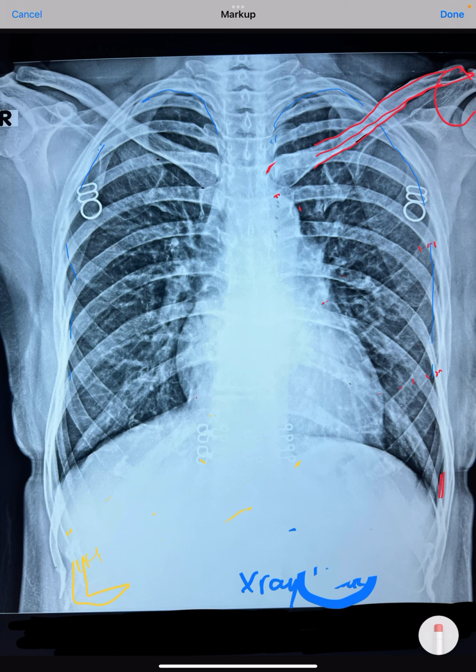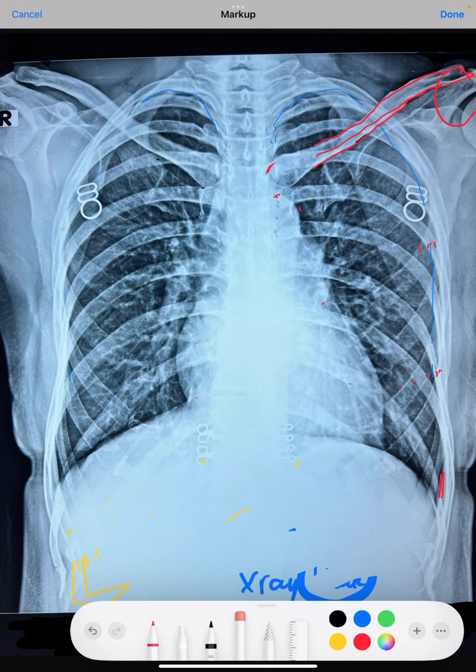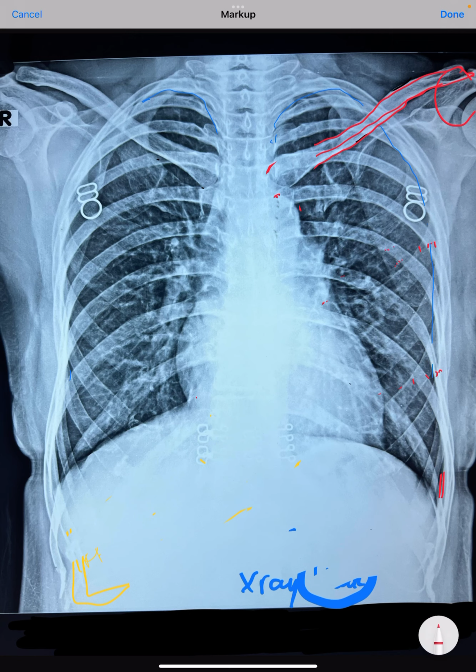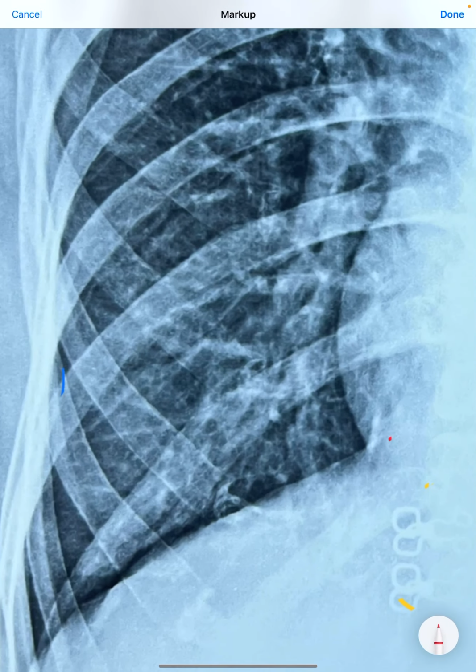Now we have to make sure that these white reticular linings you can see here are all part of the lung. You can see the white dots or fine lines which are present everywhere, like this, like this.